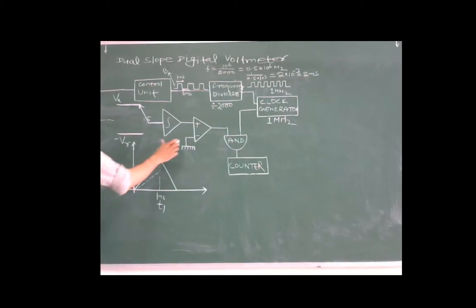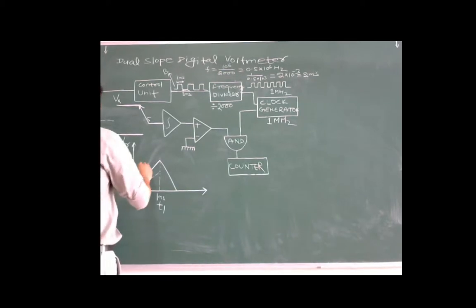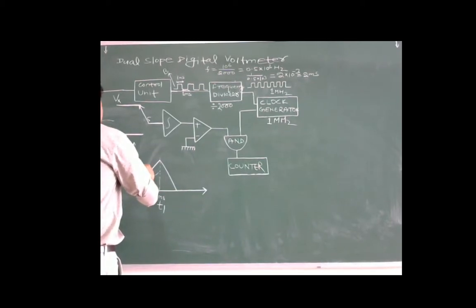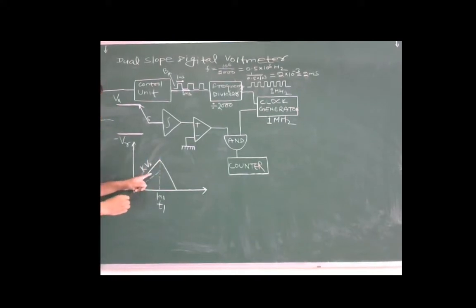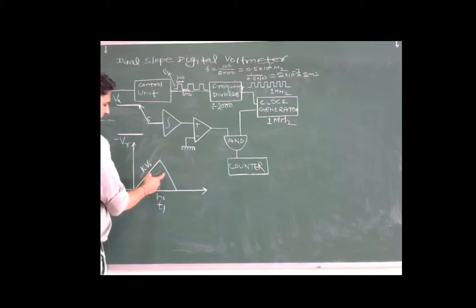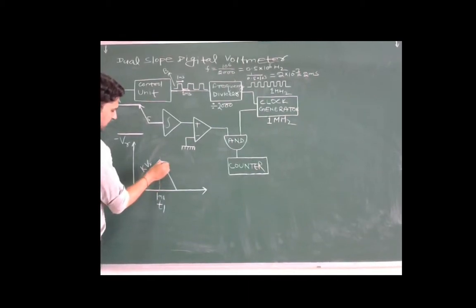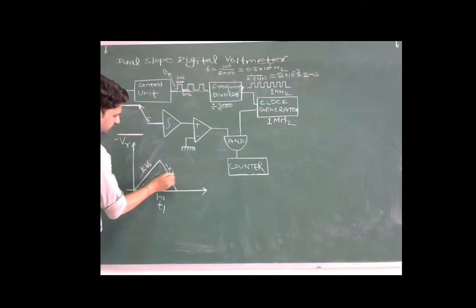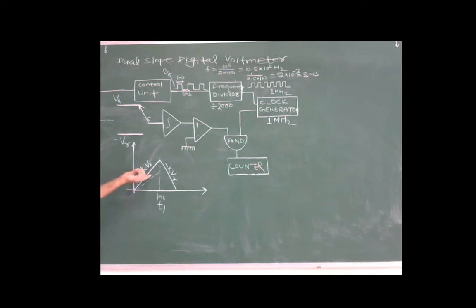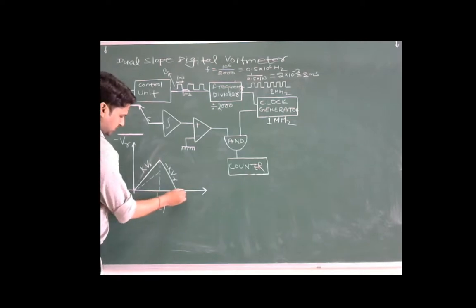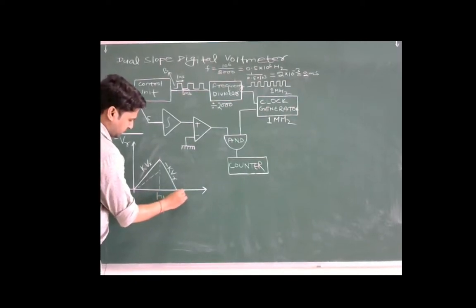So the rate of rise of this signal will be K into Vx, and the rate of fall will be minus K into Vr, as discussed in the previous lecture. So this is time t1, this is time t2.